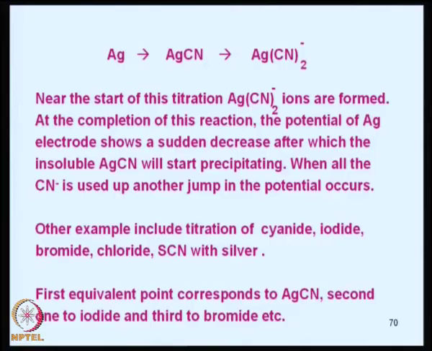Among the halides, iodide is having the lowest Ksp. So, the next one will correspond to iodide. The next inflection point in the curve would correspond to iodide, the next one to bromide, and the next one to chloride, etc.